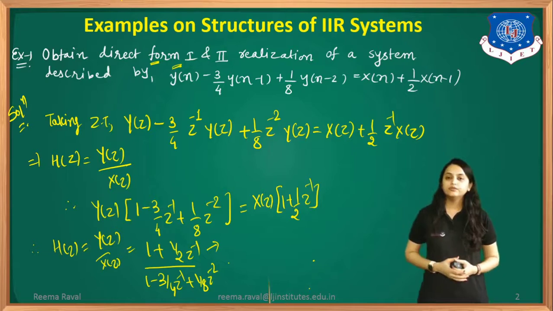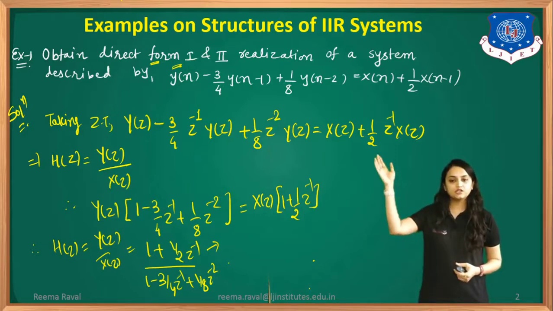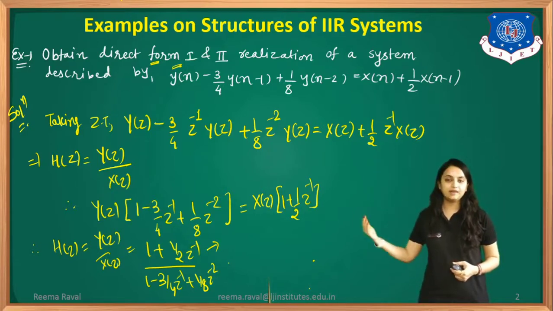Okay. Now, we need to obtain the system function. The transfer function is given as output by input, that is H of z equals y of z by x of z. To obtain this, we take x of z common on the right hand side and y of z common on the left hand side.